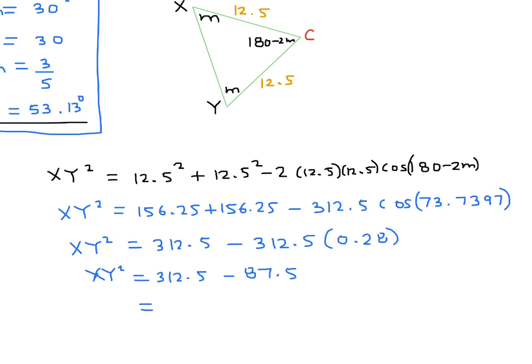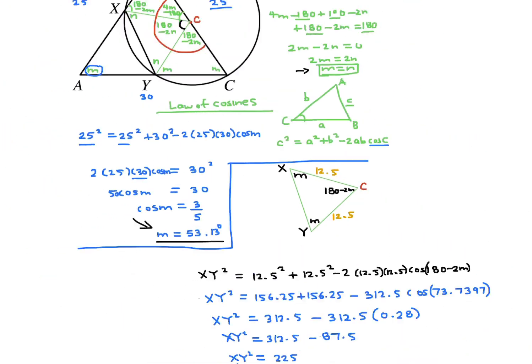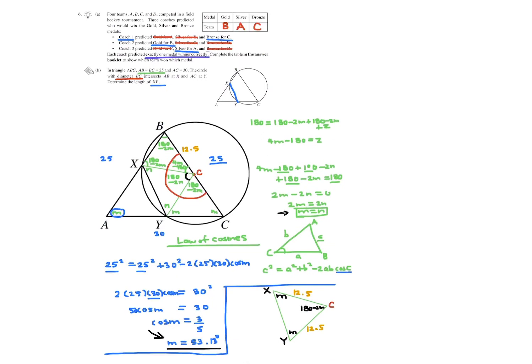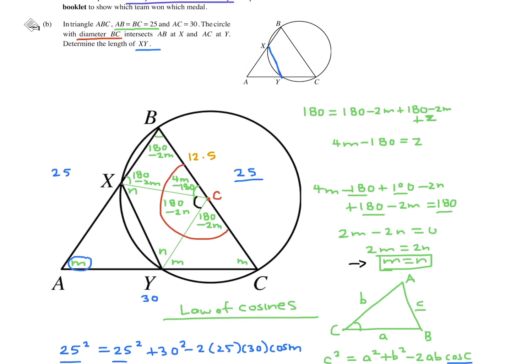And therefore this becomes 225. And therefore, if you take the square root of 225, you will get 15. So there you go. xy is equal to 15, which is what they wanted at the beginning of the question, right there. Determine the length of xy.